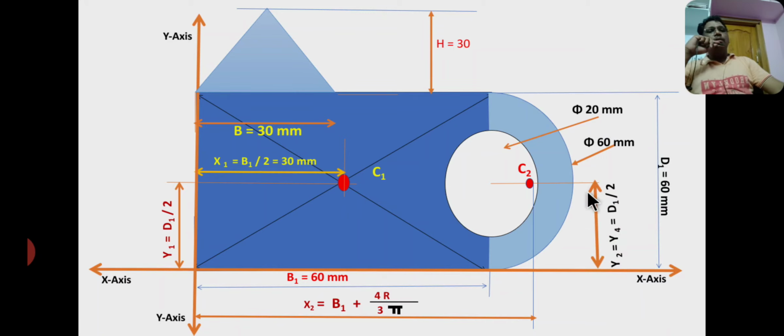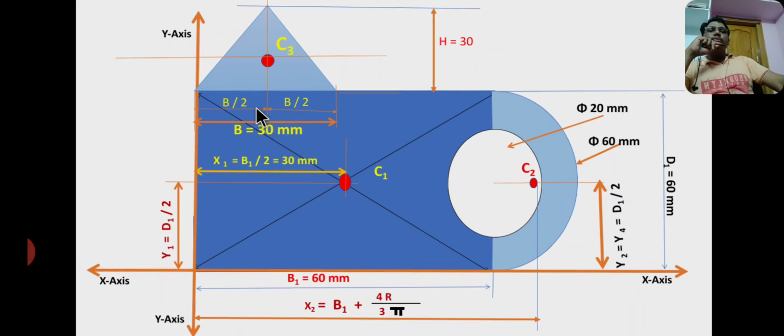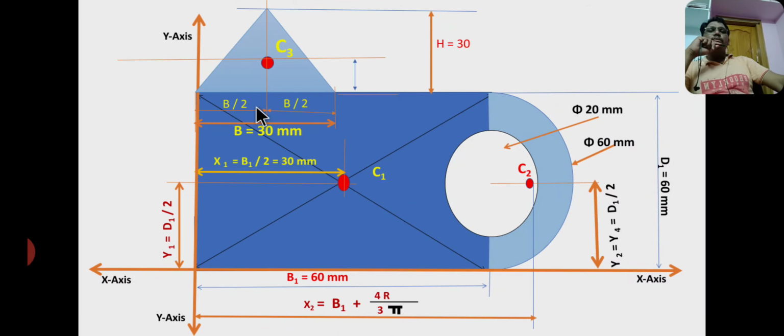Now C3 is the centroid of a triangle, lies at a distance of x3 equal to base by 2, and y3 equal to... here the centroid of a triangle lies at half of the base and 1 by third of height.